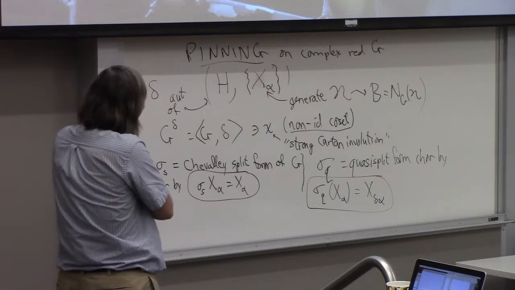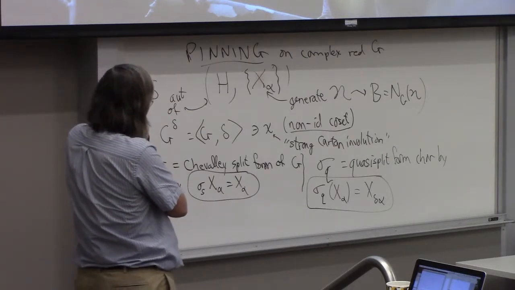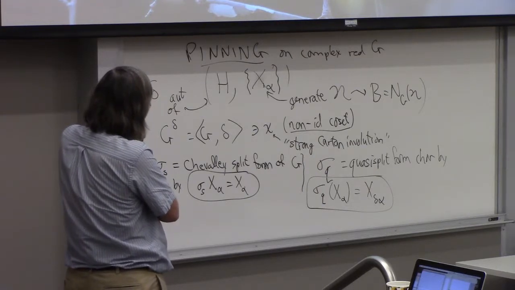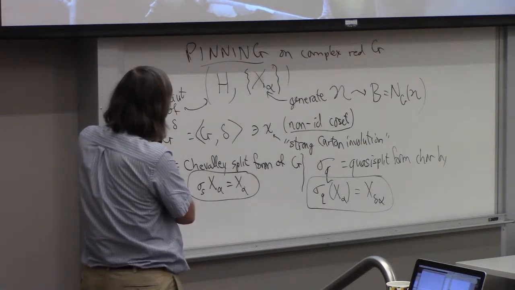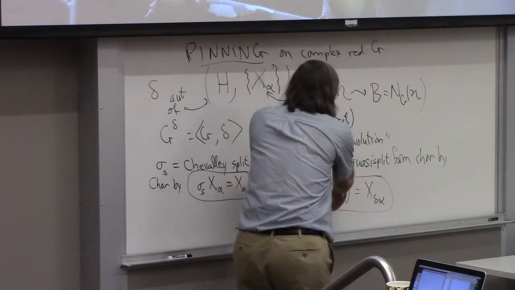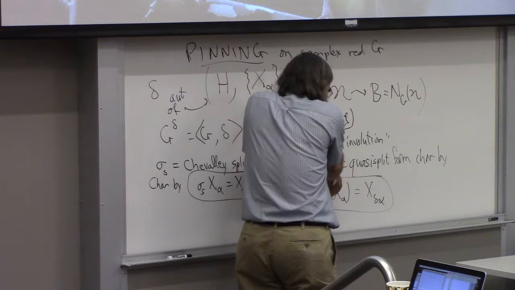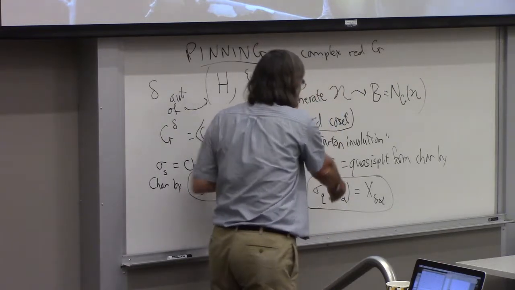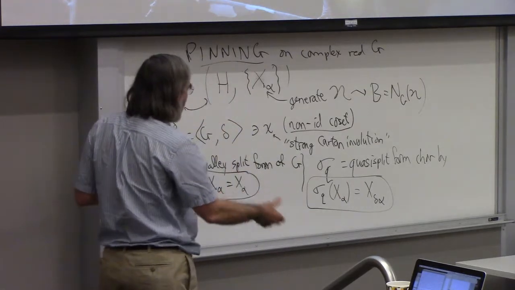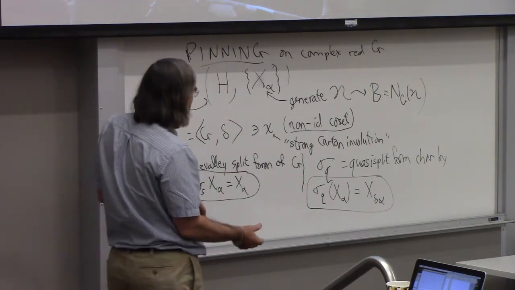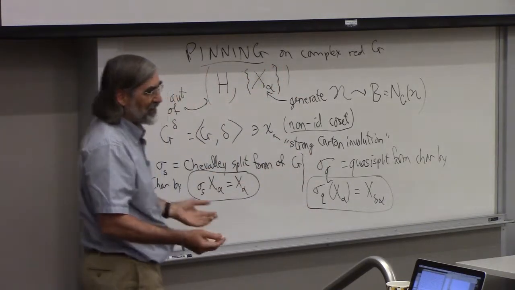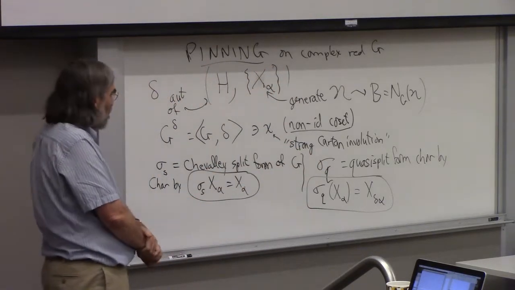How do I say it? Well, once you've got this one distinguished real form, you can talk about other real forms by twisting this by elements of G. That's how you make strong real forms.